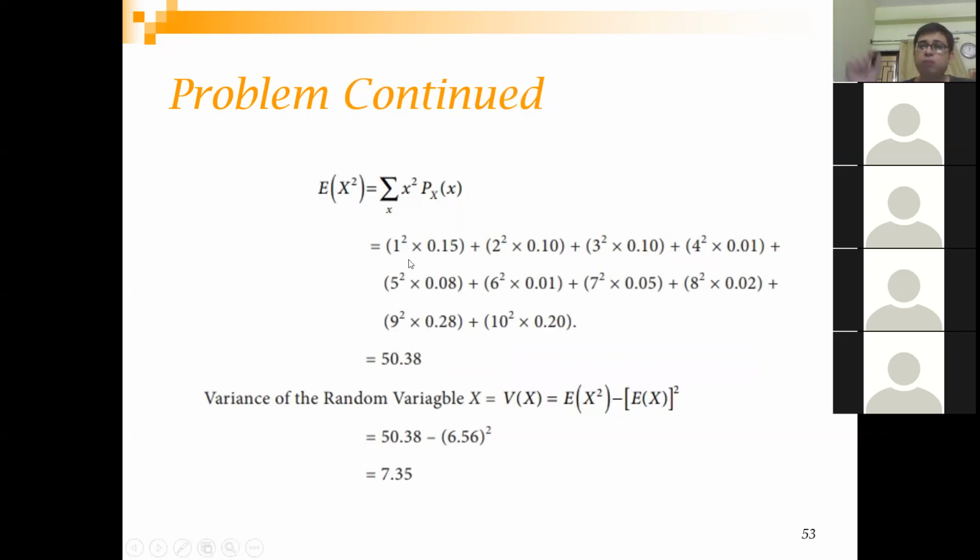Each of the points, instead of x, you get x square and you multiply with p(x). Then you sum it up like you have done for E of X and you get the value 50.38. Finally, the variance you will calculate as 50.38 minus 6.56 square, which comes to be 7.35. So this is how you can find the expectation and variance of a random variable.